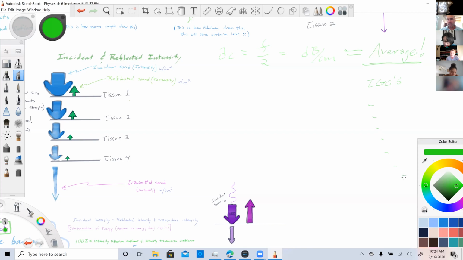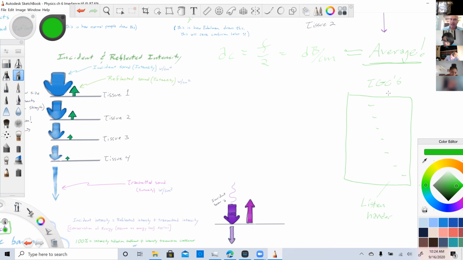And so when I sweep the TGCs like this, what I'm telling the machine to do is to listen harder down here, and up top, we don't have to listen quite as hard. Well, that kind of makes sense. It's far away, listen harder.